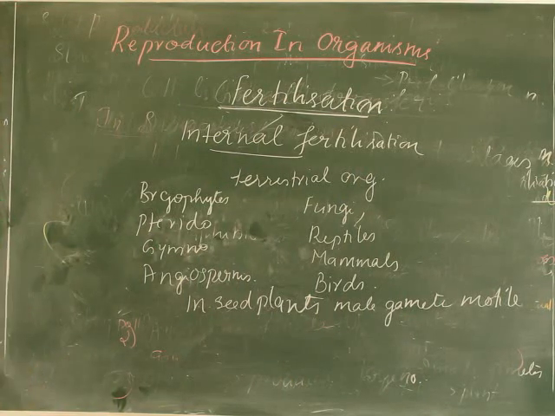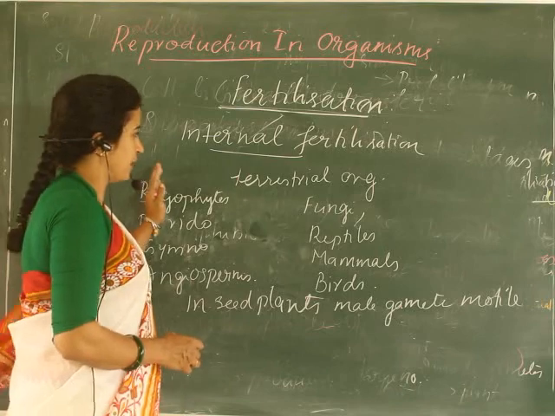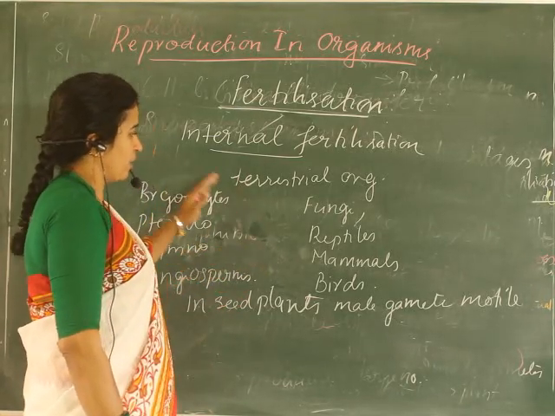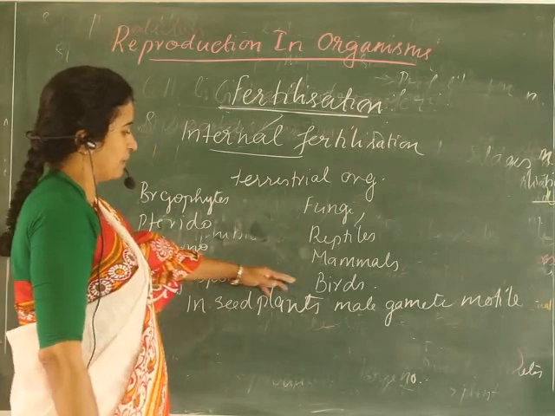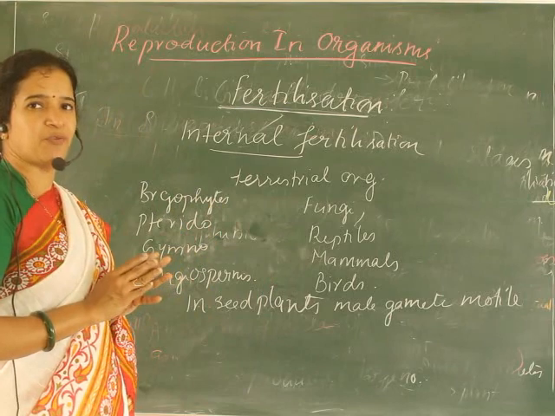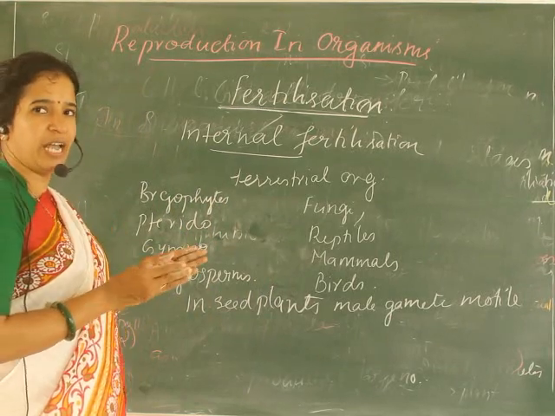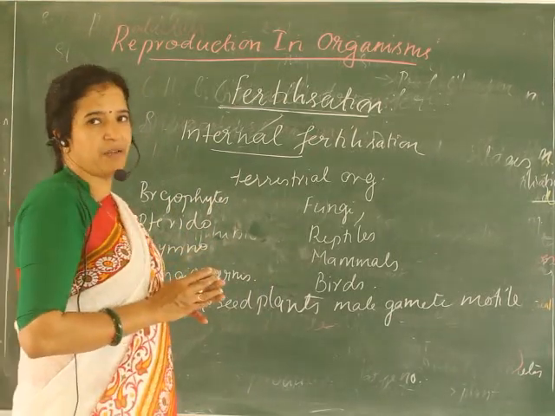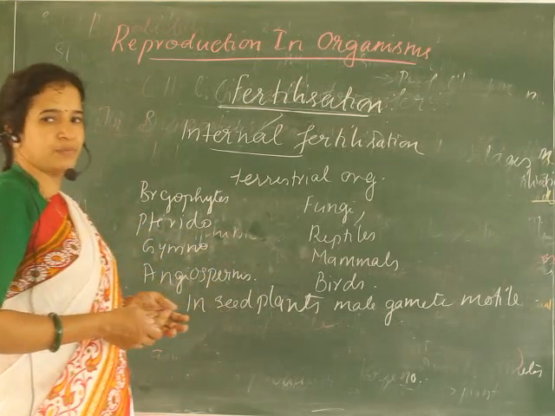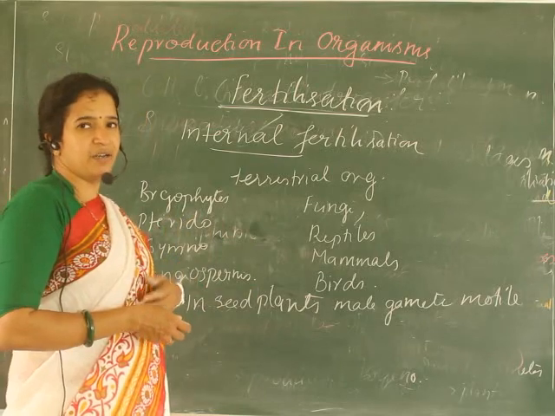So internal fertilization, compared to external fertilization, has more advantages. For example, birds lay eggs which have protective layering, which helps in their protection. So they have more chances of survival compared to external fertilization.